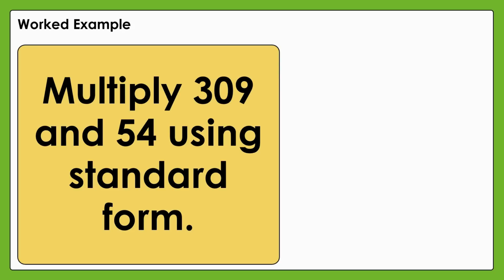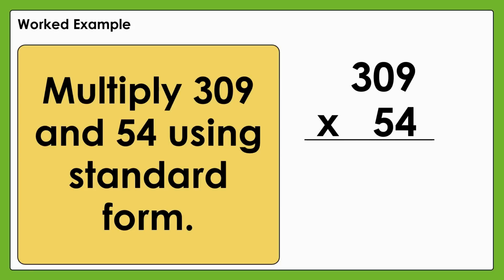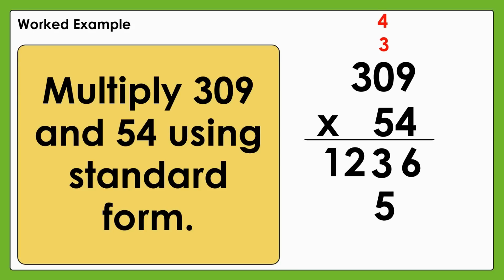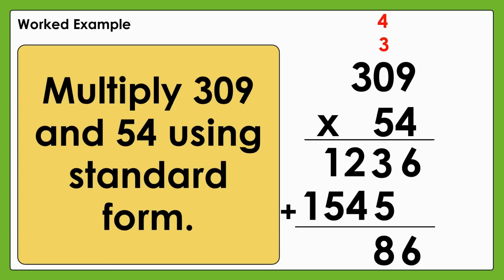Multiply 309 and 54 using standard form. The answer is 16,686.